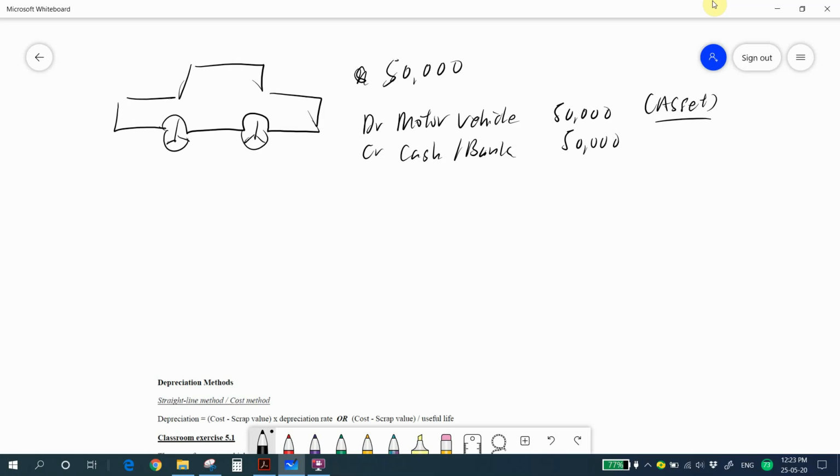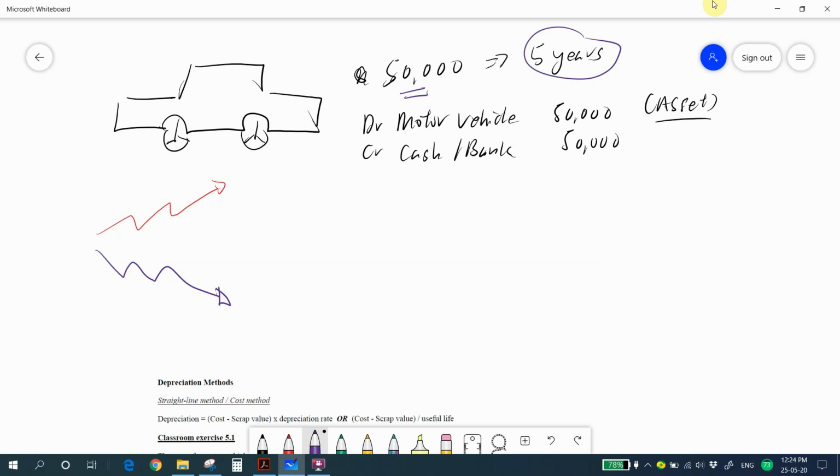So let's give an assumption. This motor vehicle we are expected to use for 5 years. So tell me, what is the value of these motor vehicles over this 5 years? The value will increase or the value will decrease? I repeat, this motor vehicle value is 50,000 and we expect it can be used for 5 years.